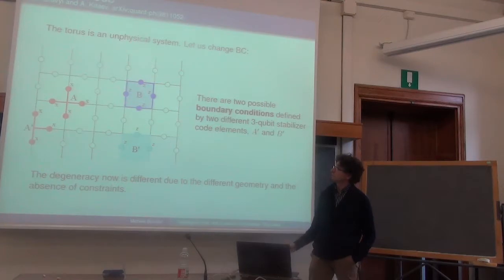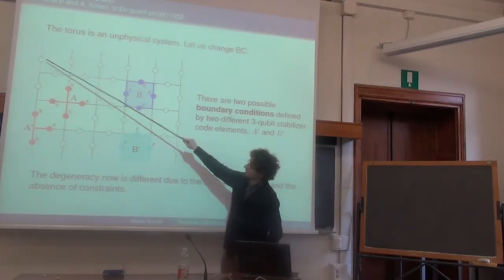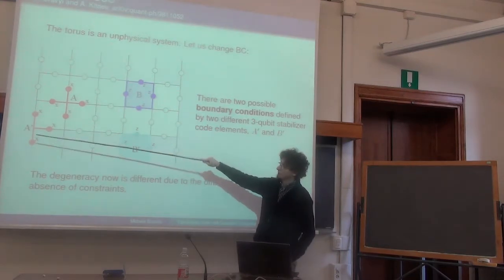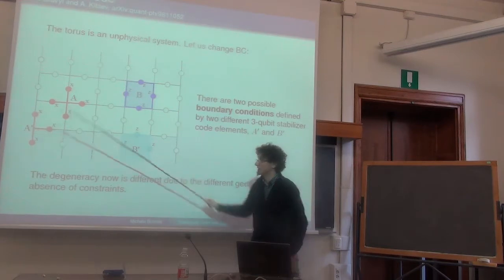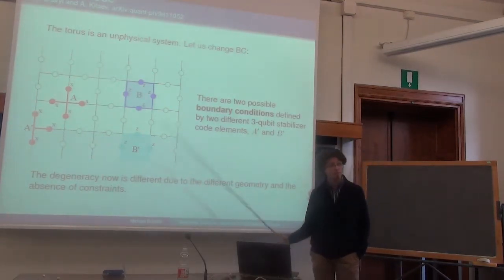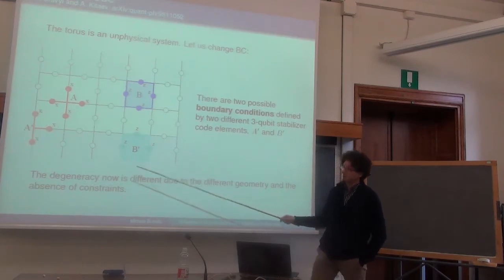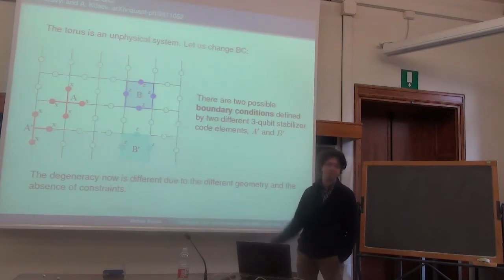So you see that in principle we should distinguish two different sorts of edges, a smooth edge and a rough edge, which are characterized by different operators. Apart from that, the important thing is that these operators A prime and B prime still commute with all the other stabilizers.